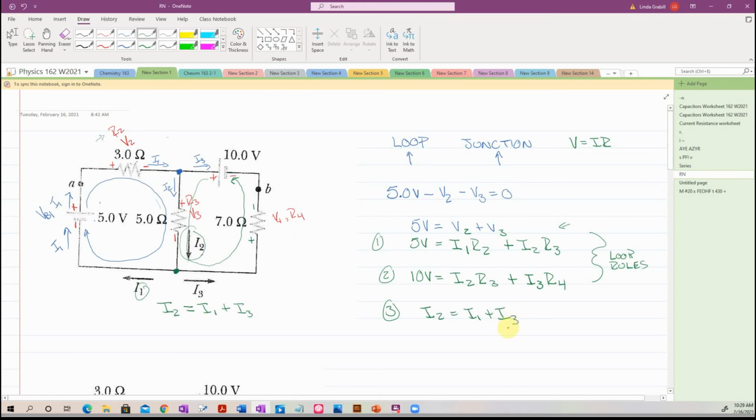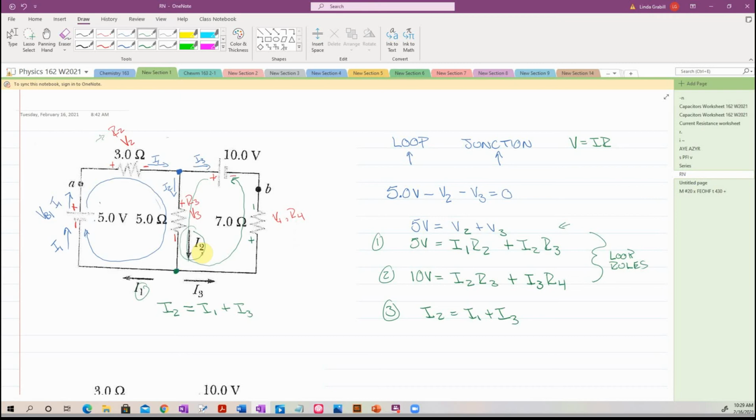Now let's think about why we did this. I don't know the current on I1. I don't know the current I3, and I don't know the current I2. Using the way we have done things, I can't solve for them the way we've already established because I have two power sources. So with two power sources, using my resistors in series and parallel isn't going to work for me.